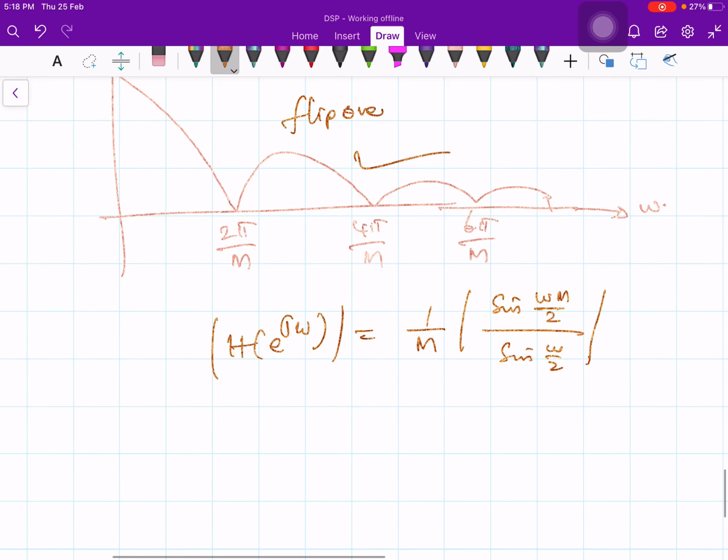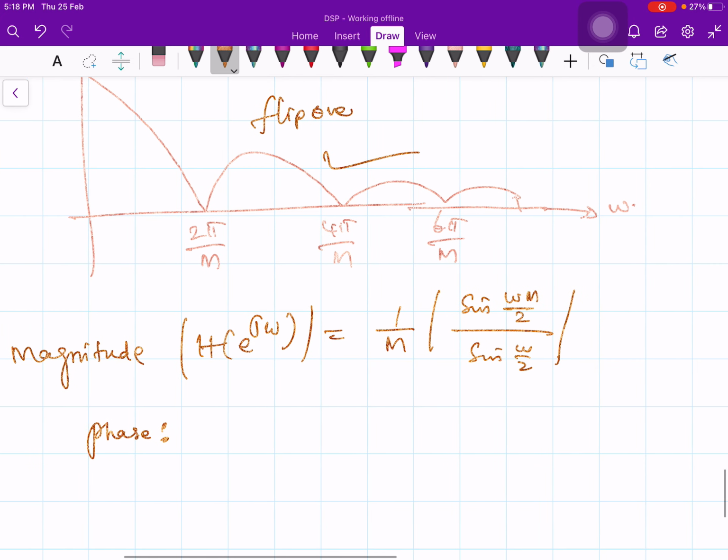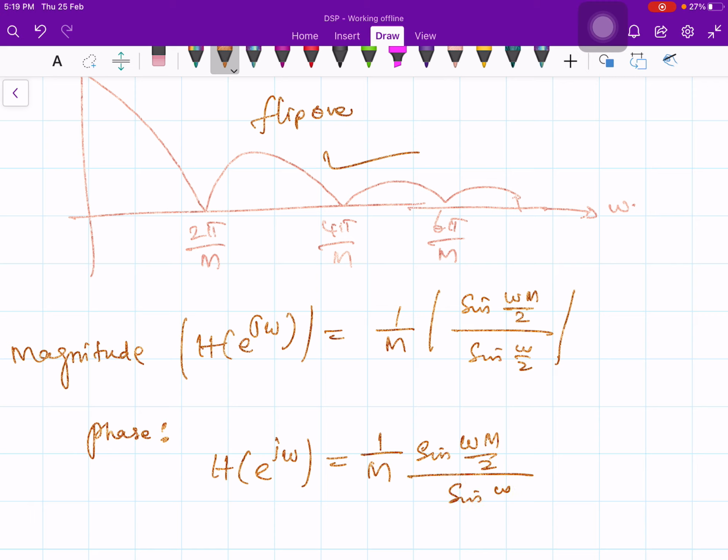What about the phase? The angle of H of e to the j omega is given below. We know the expression for H of e to the j omega. What is the expression? 1 divided by M, sin of omega capital M by 2 whole divided by sin of omega by 2, times e to the minus j omega (M minus 1) divided by 2.